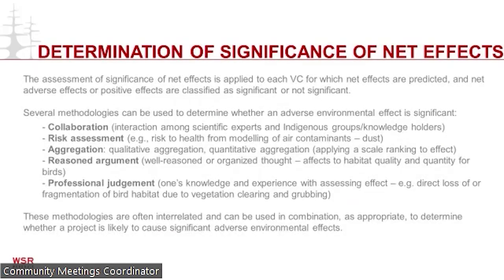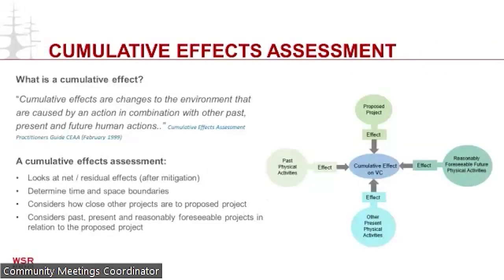We determine how significant net or leftover effects are using a number of methods, such as scientific experts working with community members, assessing risk, ranking or weighing effects, as well as the professional judgment of experts using their knowledge and experience.